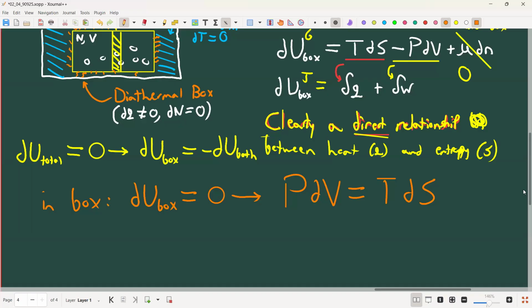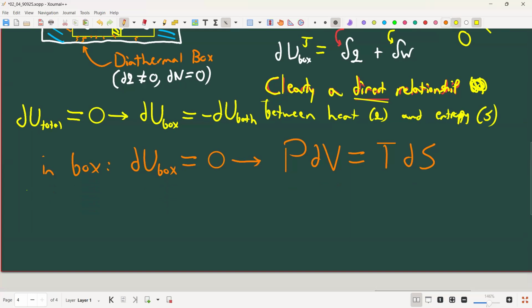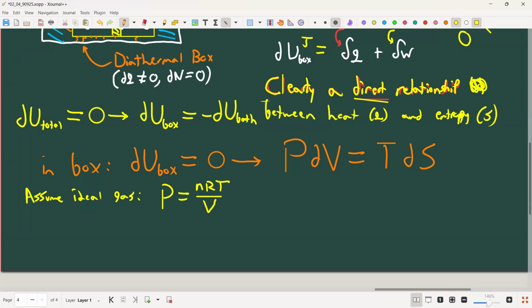So what we're going to do is assume an ideal gas. And what can I say about an ideal gas? Well, I can say P is equal to nRT over V. So let me make that substitution into my equation for my system.